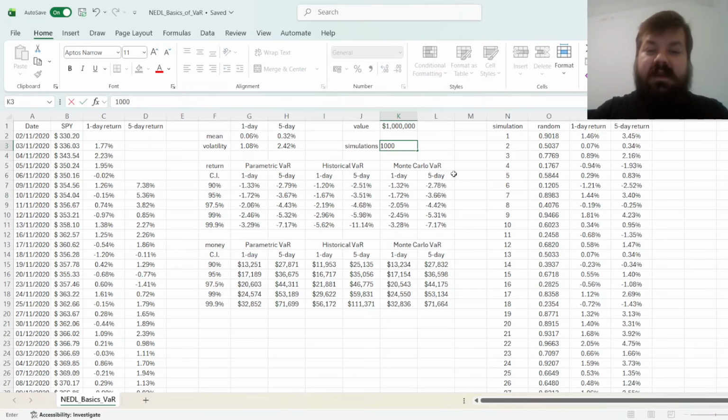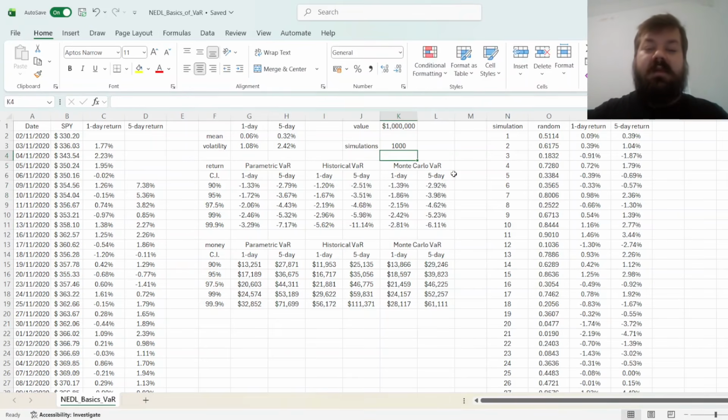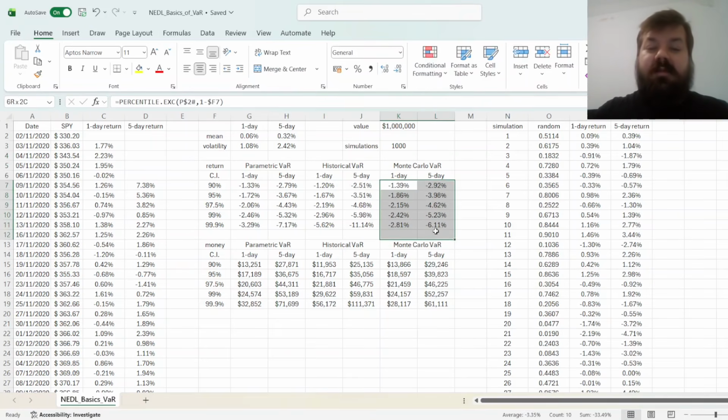So if we go for, say, 1,000 simulations, what we can do is essentially report the outcomes that are most favorable to us. But again, because Basel III mandates large simulation numbers, that's not necessarily a practical concern.